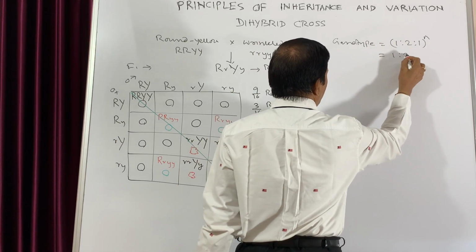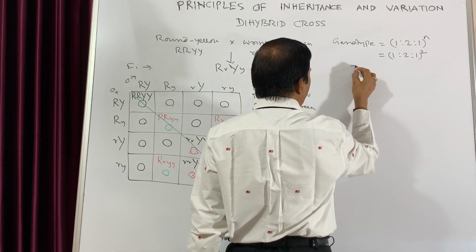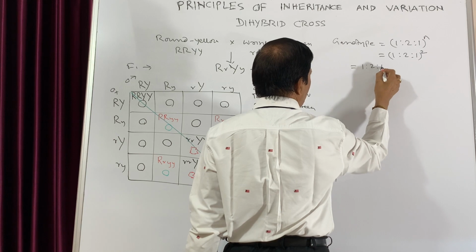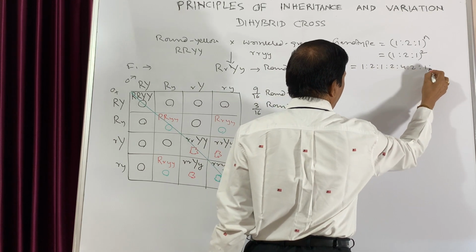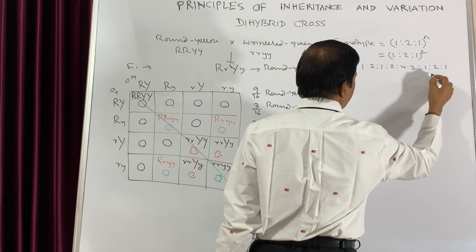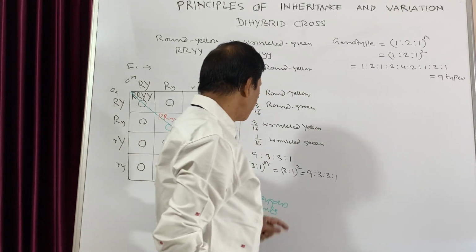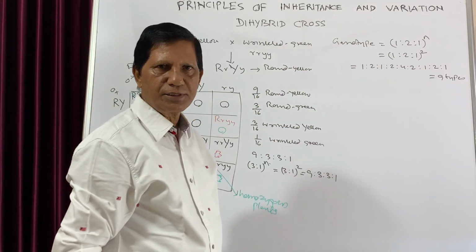So 1:2:1 squared will give rise to the ratio 1:2:2:4:2:1:2:1, that means it is giving rise to 9 types. That means the phenotypes are of 4 types, but the genotypes are of 9 types.